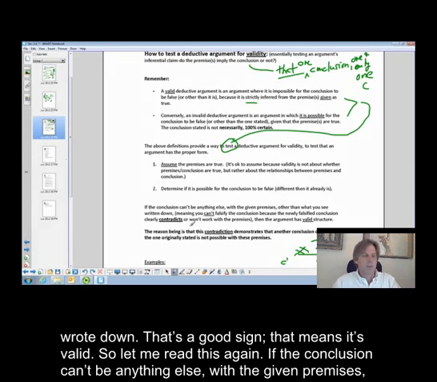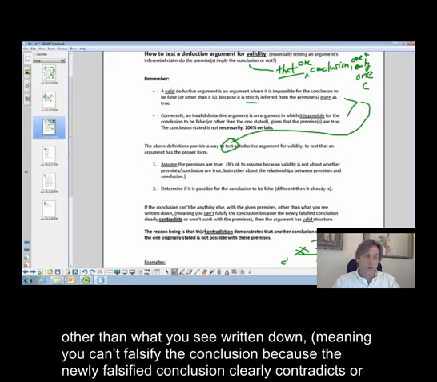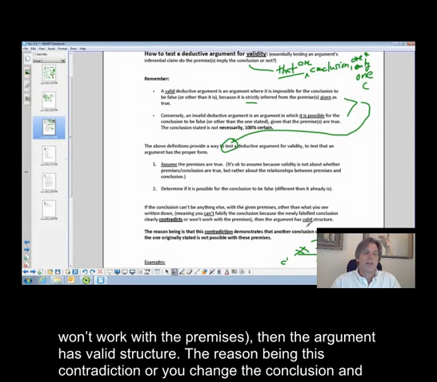Okay? So let me read this again. If the conclusion can't be anything else with the given premises other than what you see written down, meaning you can't falsify the conclusion because the newly falsified conclusion clearly contradicts or won't work with the premises, then the argument has valid structure.